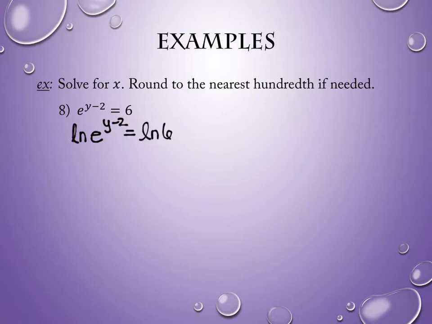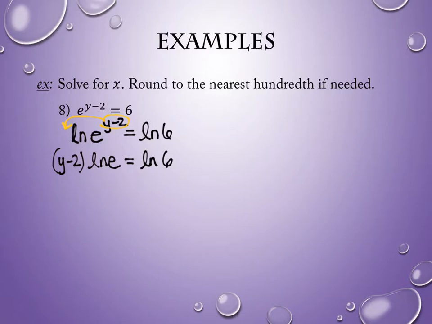Okay, just like the previous problem, I've got the ability now to bring this exponent down, which is really the goal. Y minus 2, I have natural log of e equals the natural log of 6. This is a beautiful thing, because what's the natural log of e? 1.